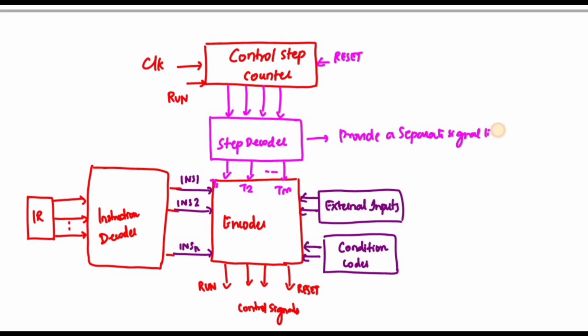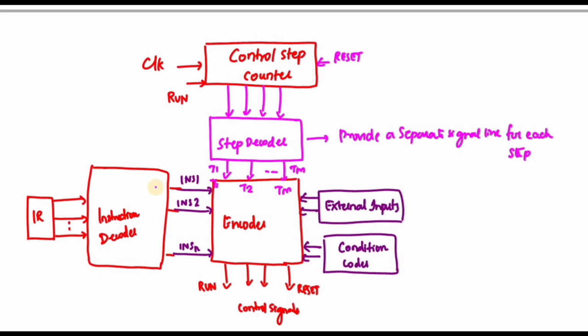Okay. So in the similar way, you can see the output of the instruction decoder, which consists of a separate line for each machine instruction. Okay. So the instruction decoder consists of a separate line for each machine instruction. That is, if any instruction is loaded inside this instruction register, it is given to a decoder, right?